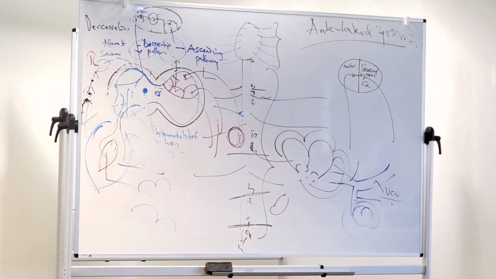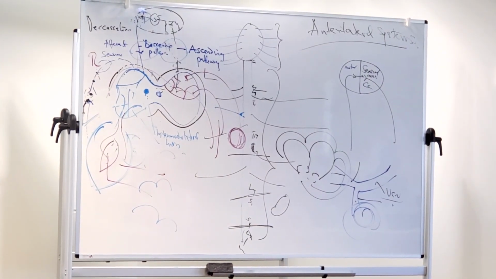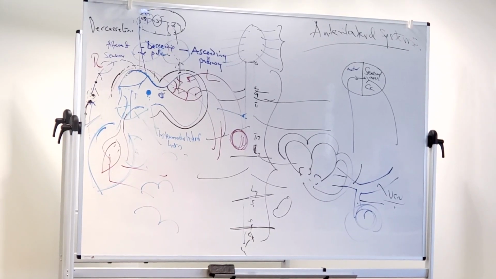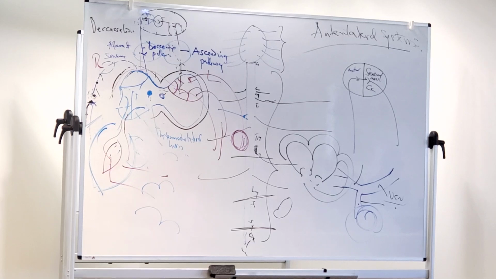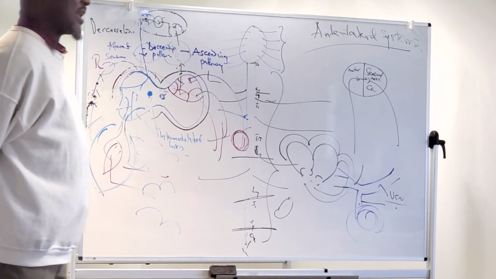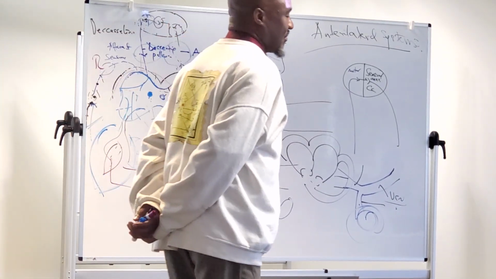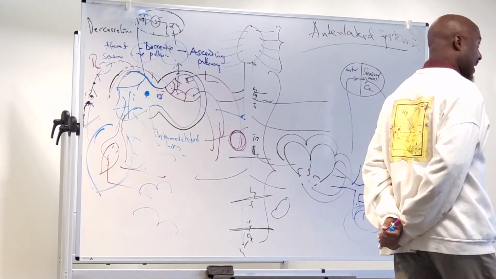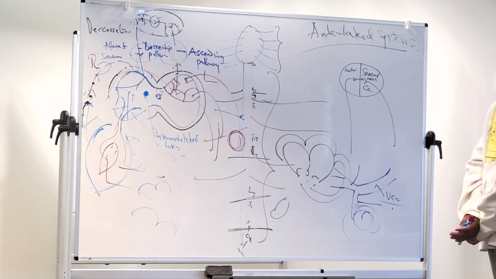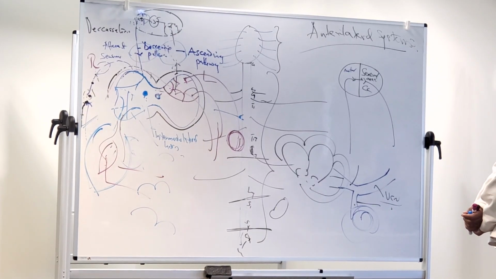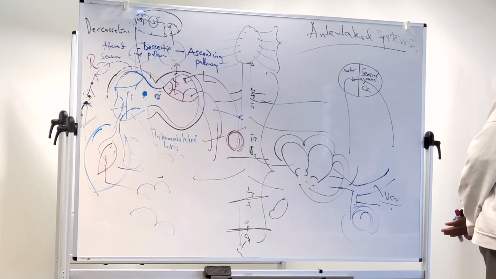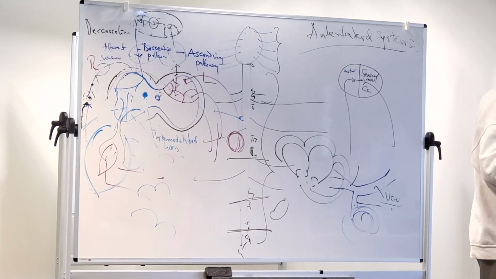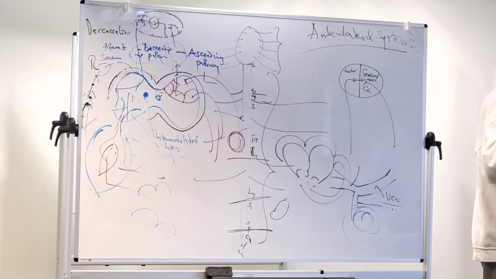I told you the function of the intrafusal fiber is more of a receptor. It is the receptor part of the muscle which informs the brain about the state of the muscle, especially the length of the muscle. So if the muscle has extended to the extent that it is going to break, it informs the brain, and then the motor control of the brain will be for the muscle to relax, so that it doesn't break.